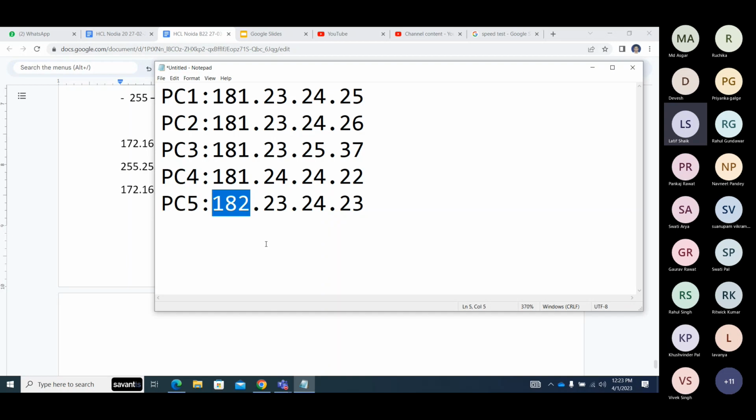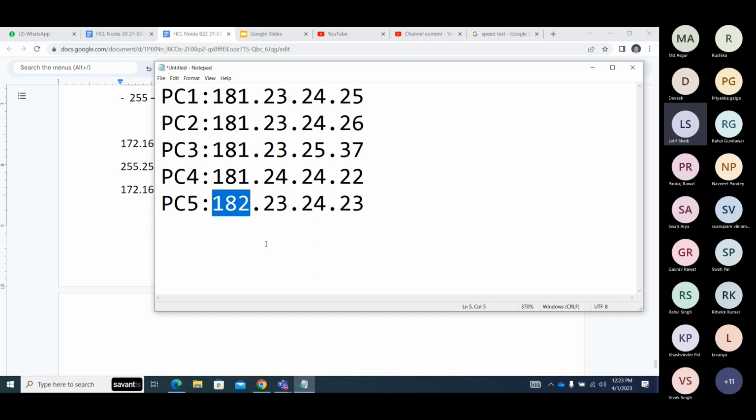So initially, as per the OSI layers, physical layer connectivity is there. The second one is the IP address. Guys, in troubleshooting, first connectivity, second the IP address. So you check the IP address, and you find in PC4 the second octet is different, in PC5 the first octet is different from the rest of the devices.